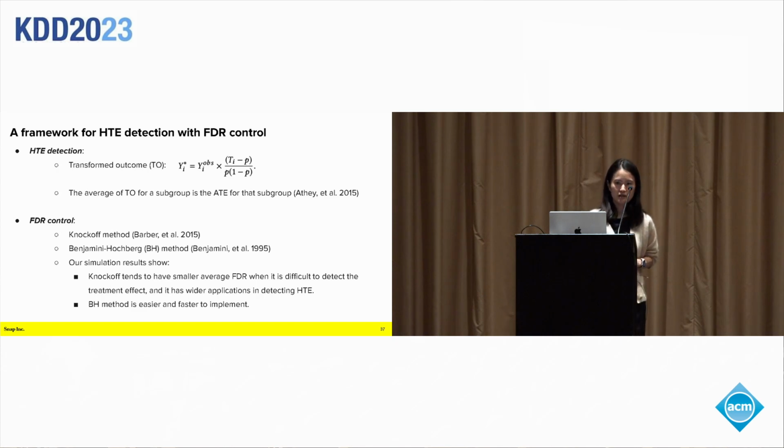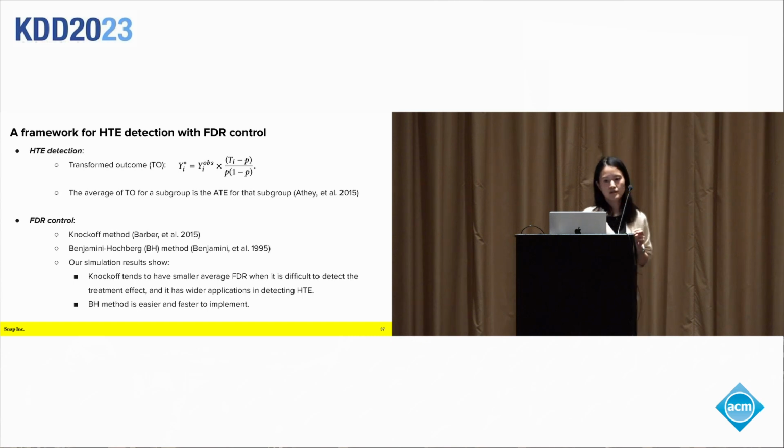In this framework, we first use the transformed outcome to do the HTE detection. From a paper by Susan Athey and Imbens in 2015, they conclude that the average of the transformed outcome for a subgroup is the ATE for that subgroup. And then we use two false discovery rate control methods for the multiple testing problem. One is called the knockoff method, and the other is called the Benjamini-Hochberg method.